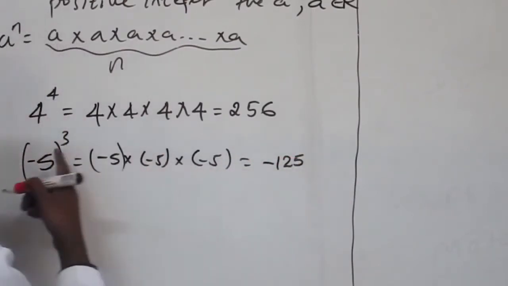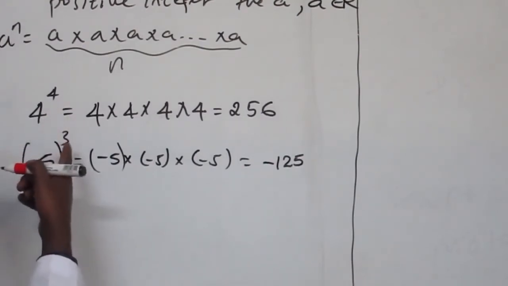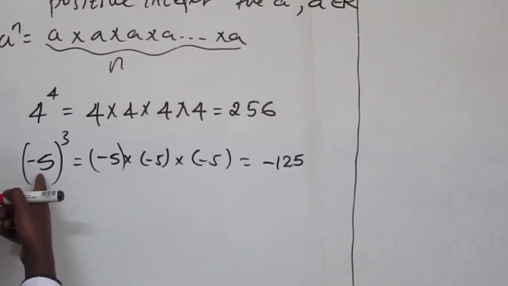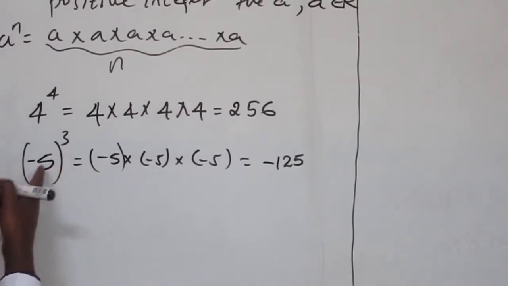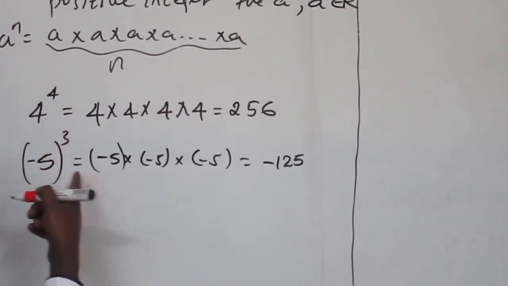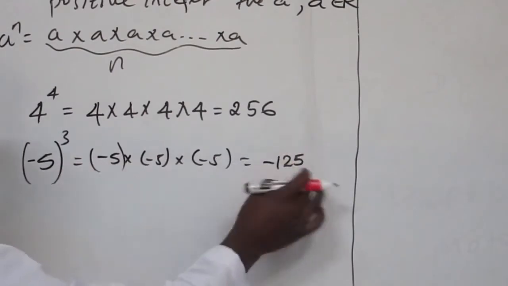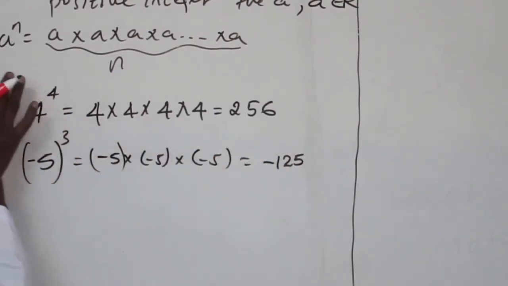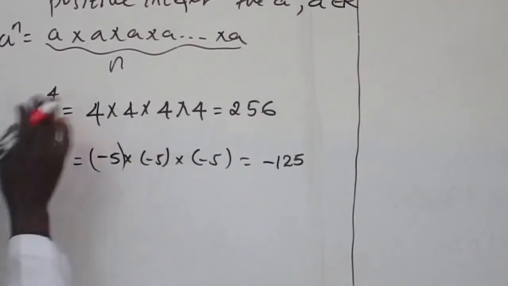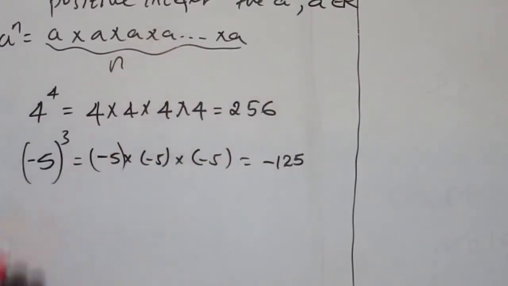When you multiply the base with an odd exponent, the sign of the base is kept. If the base is positive, our final answer is positive. If it is negative, our final answer is negative. But in the case of an even exponent, whether the base is negative or positive, the answer is always positive. You can check it in the grade 9 textbook.